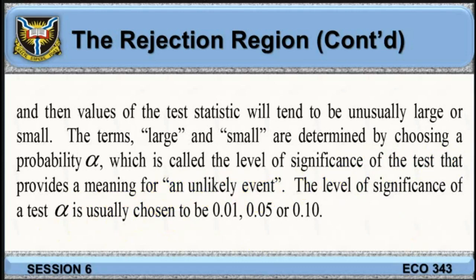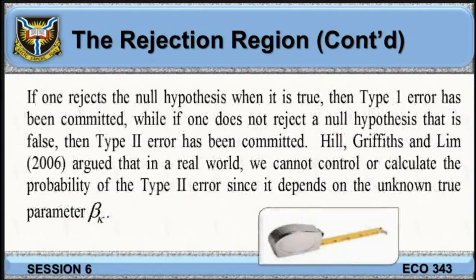The level of significance of a test, alpha, is usually chosen to be 0.01, 0.05, or 0.10. If one rejects the null hypothesis when it is true, then a type 1 error has been committed, while if one does not reject a null hypothesis that is false, then a type 2 error has been committed.